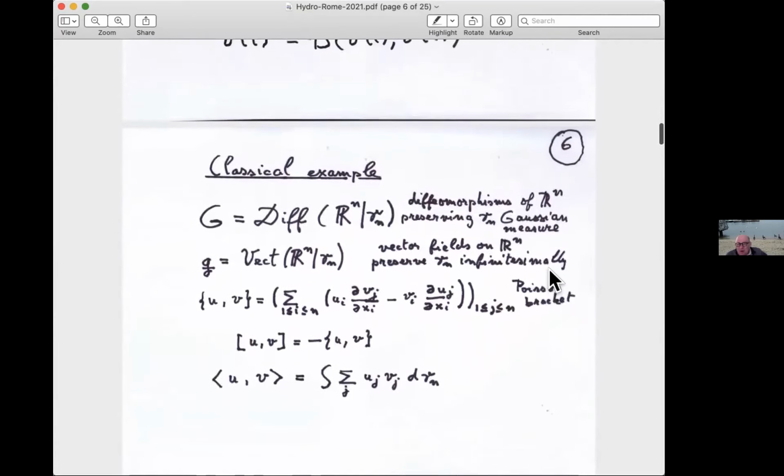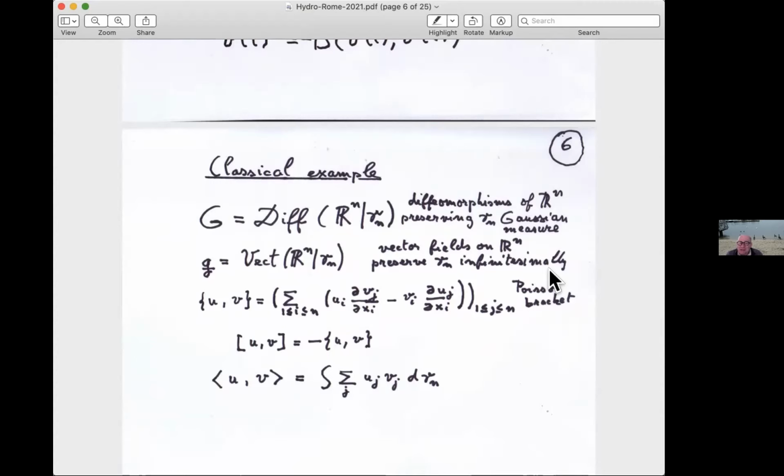And the classical model, for which I found a free probability analog, is the following situation: the Euler equations preserving a Gaussian measure on Rn.